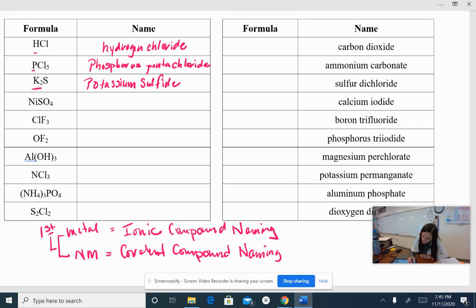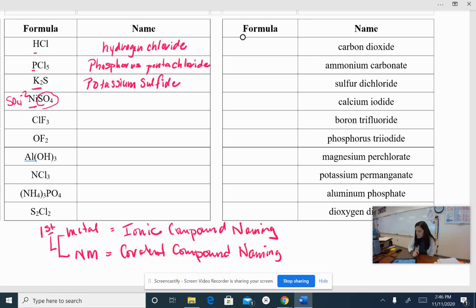Okay. This nickel is a metal. It's also a transition metal. So what we need to do is we need to figure out SO4. It's got a polyatomic ion. Remember using our polyatomics? If we look up our polyatomic chart, SO4 was sulfate and it had a -2 charge.